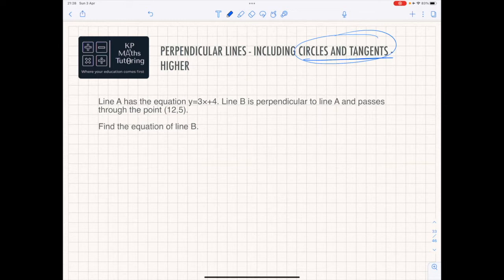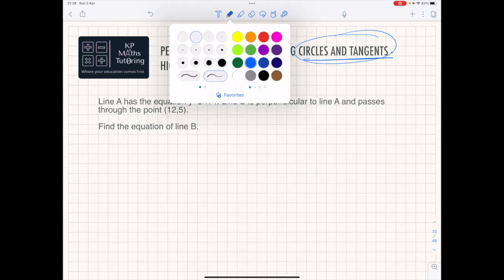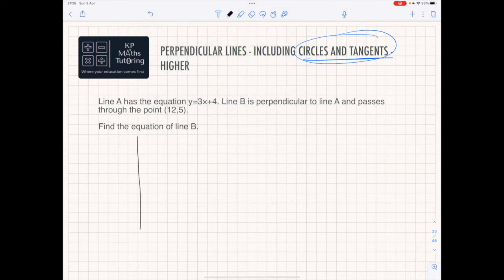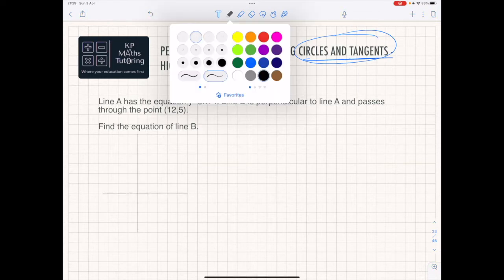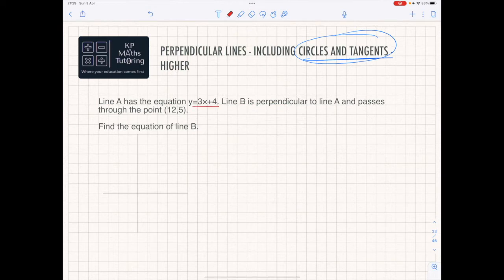Okay, so line A has the equation 3x plus 4 and line B is perpendicular. Let's quickly get an idea of what this would look like. Sometimes it helps to just sketch out a graph. So 3x plus 4, the plus 4 is the y-intercept.